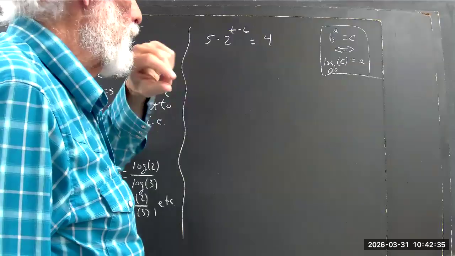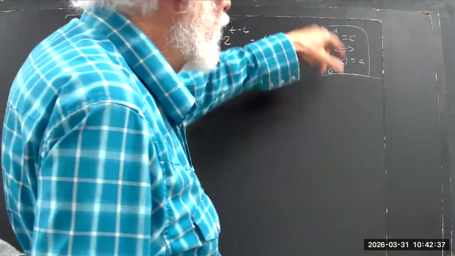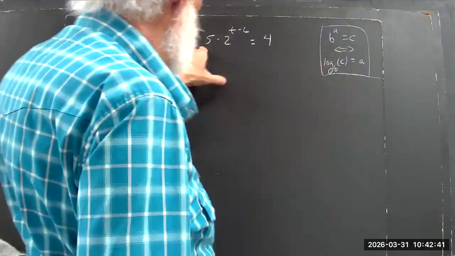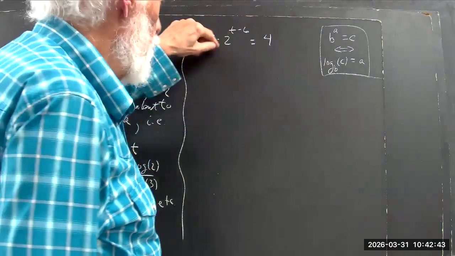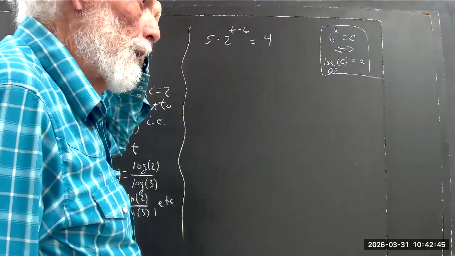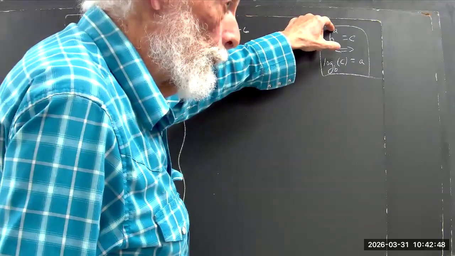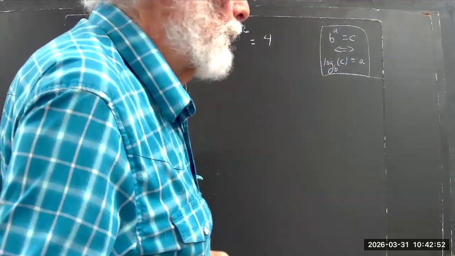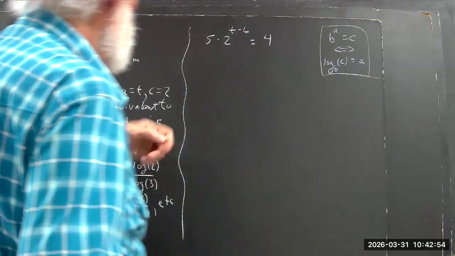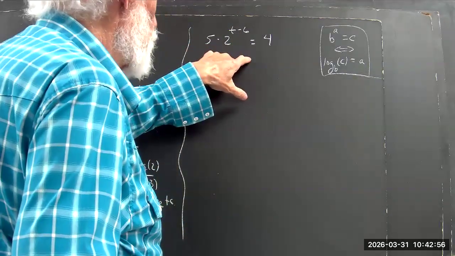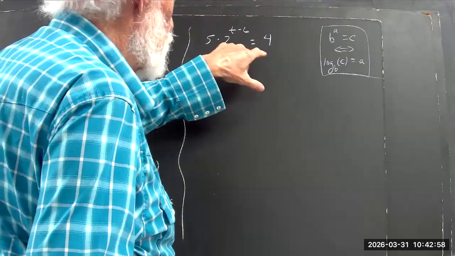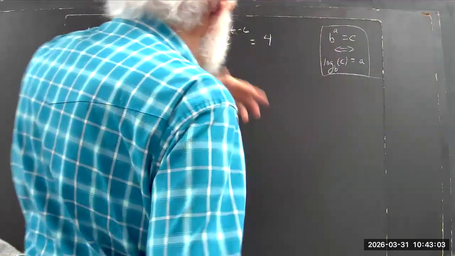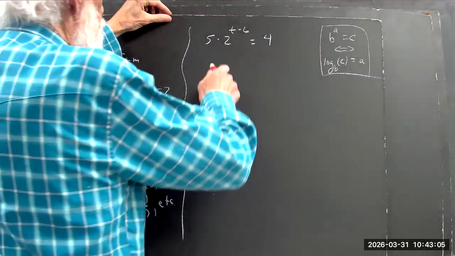Okay. 5 times 2 to the t minus 6 is not of the form b to the a. And it's certainly not of the form that involves the log because there's no log in there. There's an exponent. There's a 2 raised to t minus 6. That would be a b to the a. But we have 5 multiplied by that. What are we going to do about that? Well, we can put the equation 5 times 2 to the t minus 6 equals 4 into the form b to the a equals c simply by dividing both sides by 5.